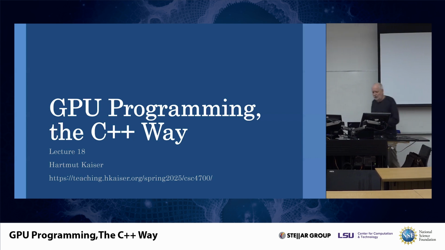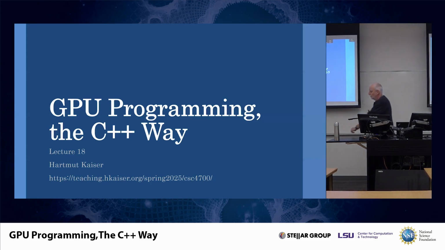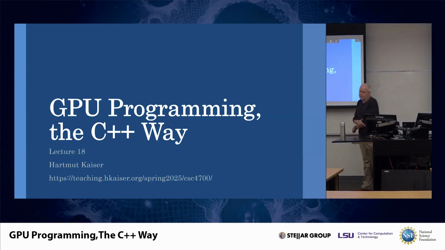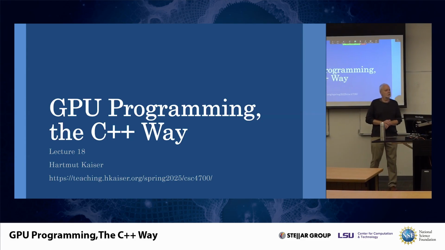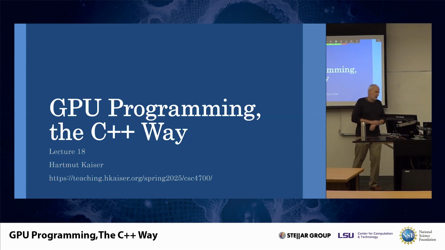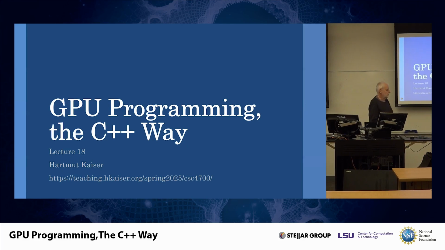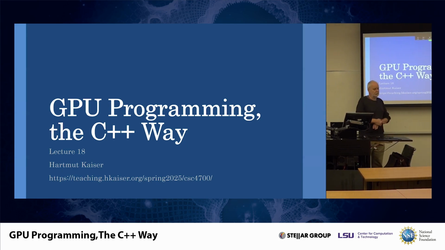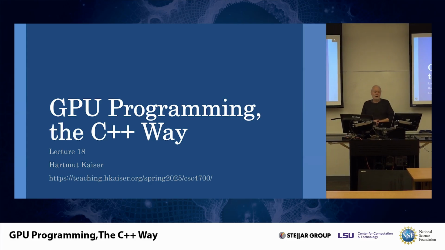Okay. What I want to do today is to follow up on the discussion we had last lecture with David Koppelman giving us an introduction into GPU programming. He introduced us to the fact that GPUs have a completely different architecture than the CPU side of things.